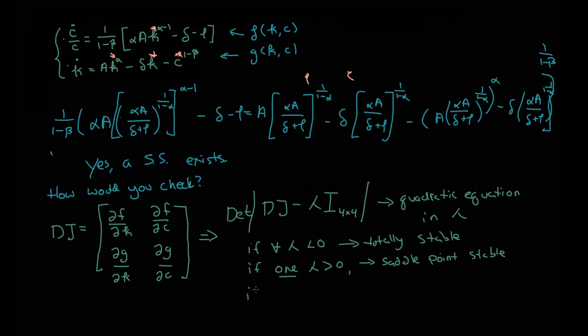And then if all the lambdas are greater than 0, then the system is unstable and you're screwed. Now the last case is if lambda equals 0. And if lambda equals 0, you have a complex number case, and it's going to be inconclusive.